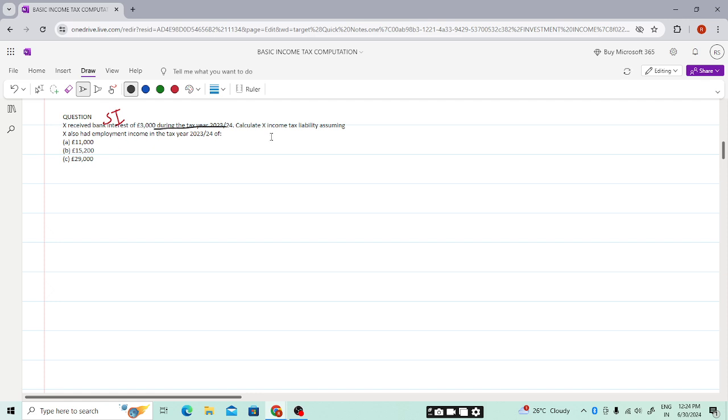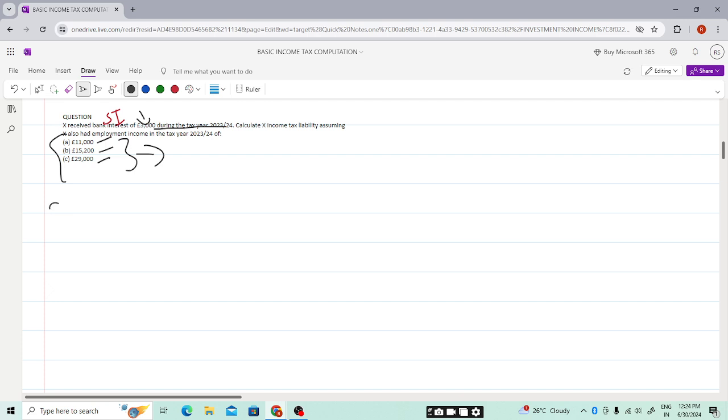Compute X's income tax liability assuming X has an employment income in the tax year of 11,000, 15,200 and 29,000. So we have saving income of 3,000 and employment income of 11,000, 15,200 or 29,000. We need to solve each case differently.